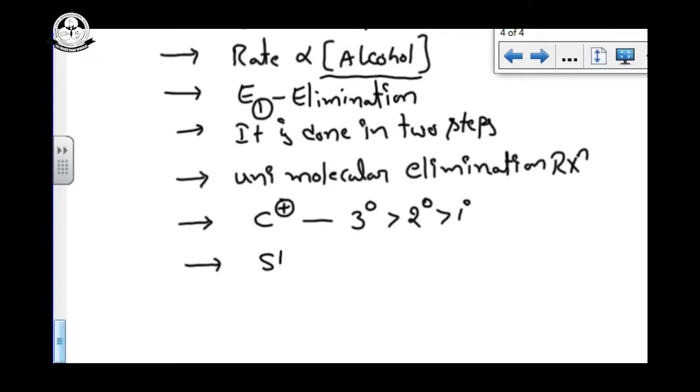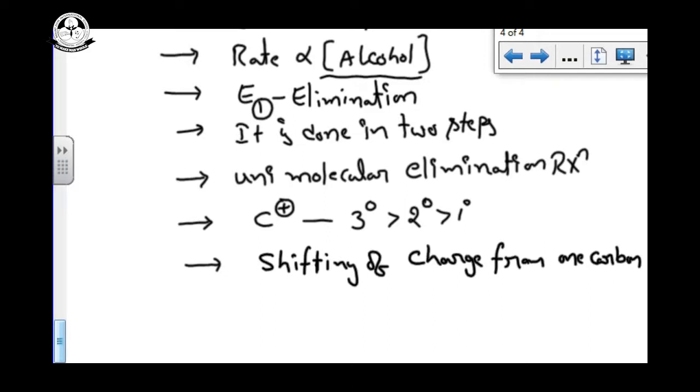So there is a shifting of charge from one carbon to another carbon. Why is the charge shifted? For getting stability. For getting stability, the cation charge is shifted from one carbon to another.